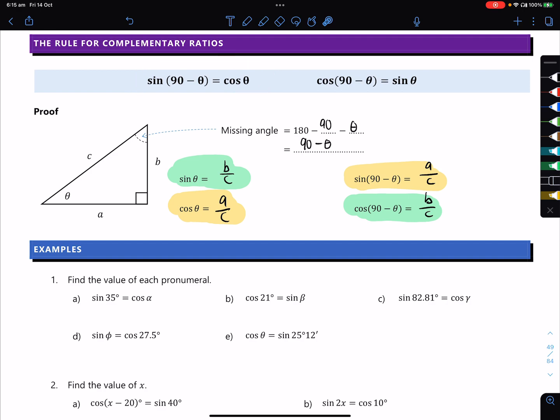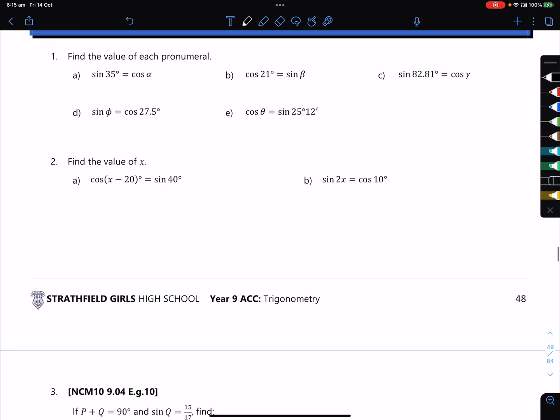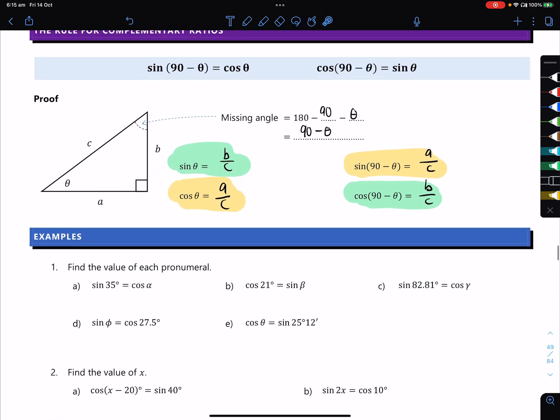Right. Let's have a look at applying what we just learnt to question 1. Find the value of each pronumeral here. Sine 35 is equal to cosine alpha. Well, the sine has been given the prefix co, so what we're going to do is get 90 minus that angle, and that will be the size of alpha.